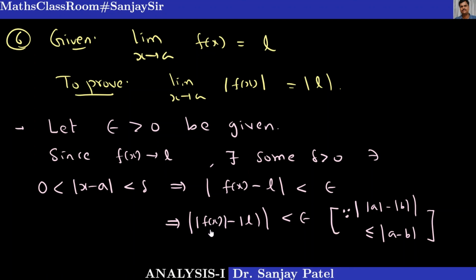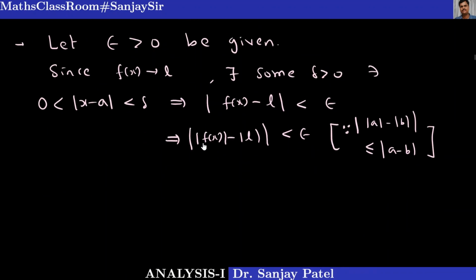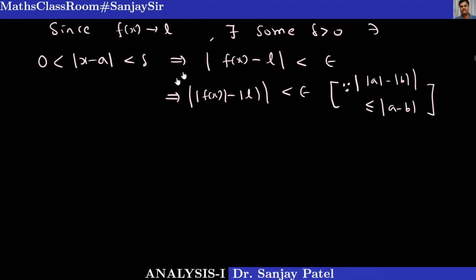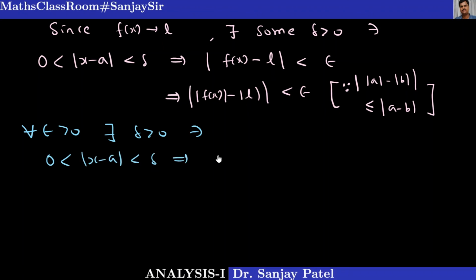So it is proved. For every epsilon, the same delta will work here, whatever is for f(x). So let me rewrite. For every epsilon greater than 0, there exists delta such that 0 less than mod of x minus a less than delta implies mod of mod f(x) minus mod of L is less than epsilon.